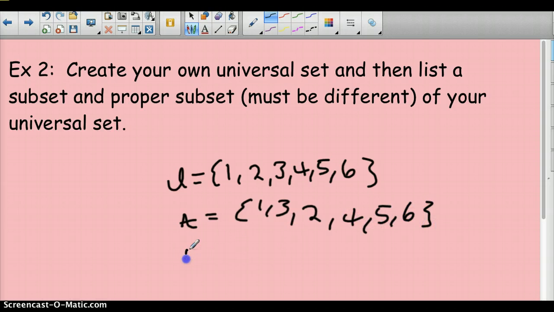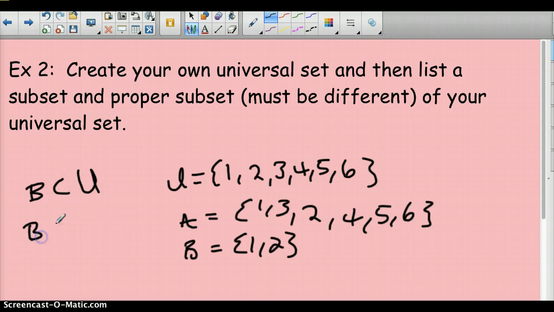And we have set B. Set B is 1 and 2. Clearly, you notice here that B is a proper subset of U. It is also a subset of U. However, A, while it is a subset of U, cannot be considered a proper subset of U because they are equal to one another.